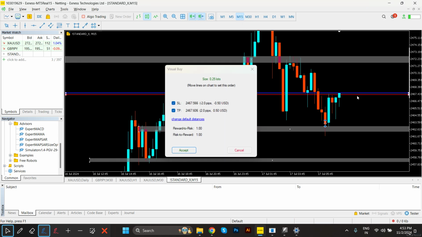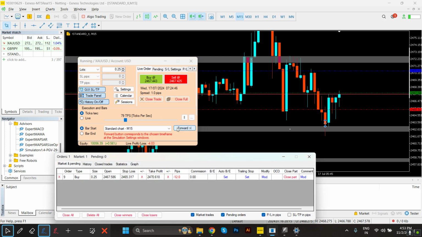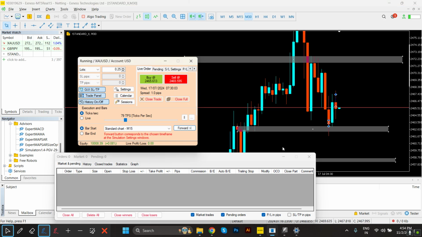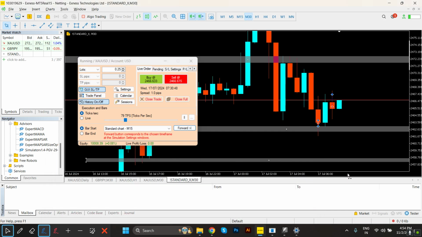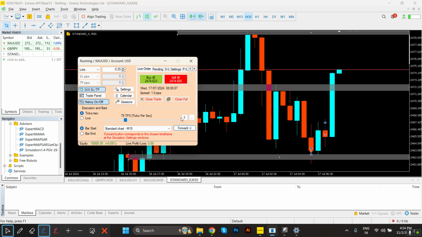Now we should take a buy, since we created a bottom wick, and we should go up till there. Oh no, this is a bad buy. The only problem was this range. Yeah, now we are moving up.